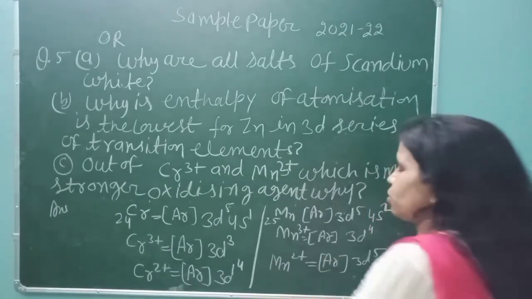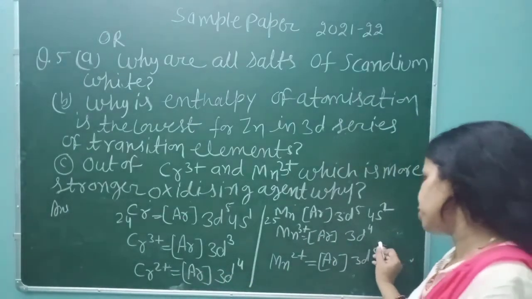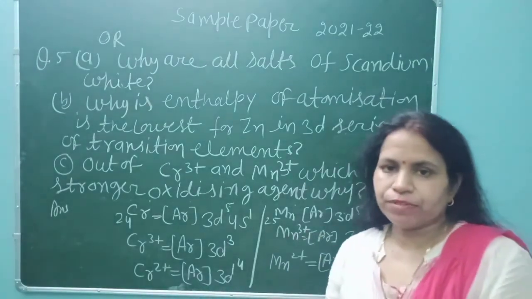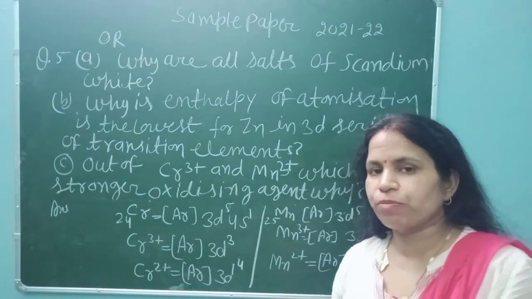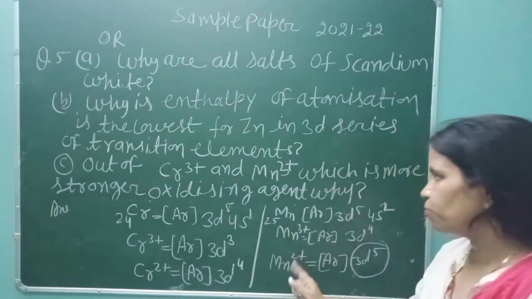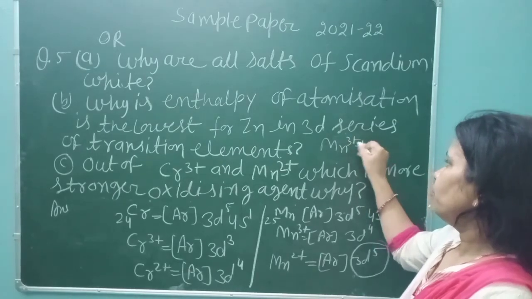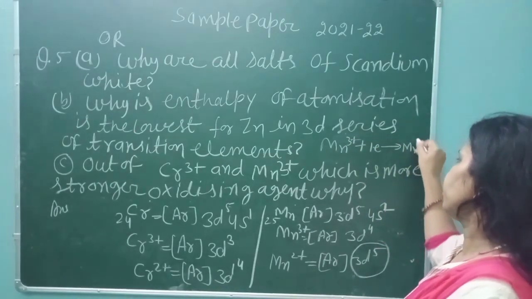So which is more stable, Cr2+ or Mn2+? Mn2+ is more stable. What is the reason again? 3d5 means a half filled and symmetric orbital is obtained in Mn2+. So Mn3+ absorbs one electron and converts into Mn2+.